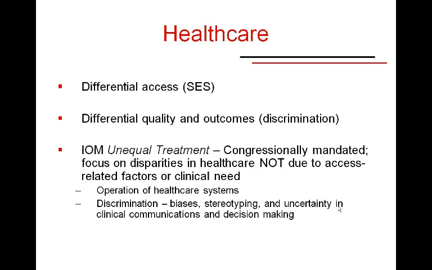And really focusing on the operation of healthcare systems once people get into them, and focusing very specifically on the possibility of mechanisms related to discrimination in the form of biases, stereotyping, and also ambiguity in clinical communications and in decision making.